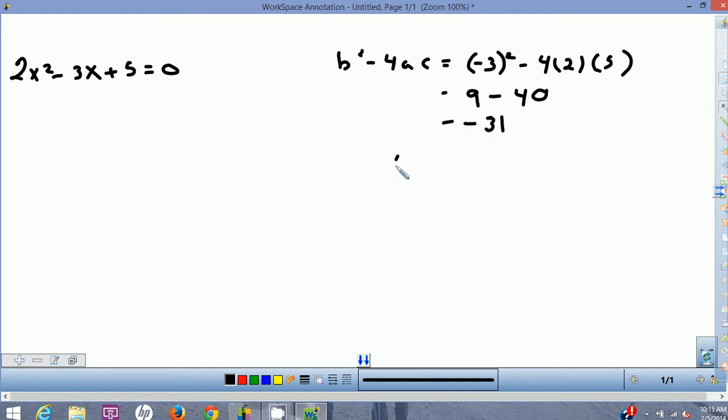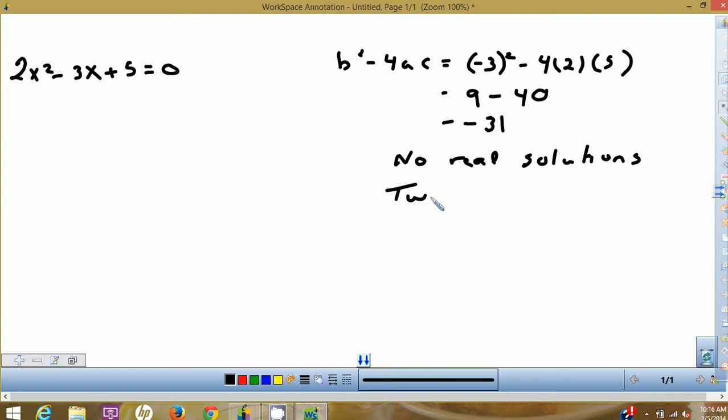So we know here that this is going to have no real solutions. We're not going to have any x-intercepts if we graph this quadratic. They are solutions, but they're not x-intercepts. They are complex solutions. So we know that they're going to be two complex solutions to our quadratic. So let's think about what that implies for us.